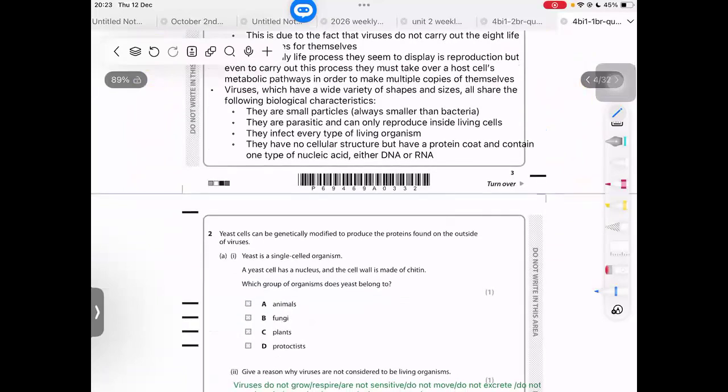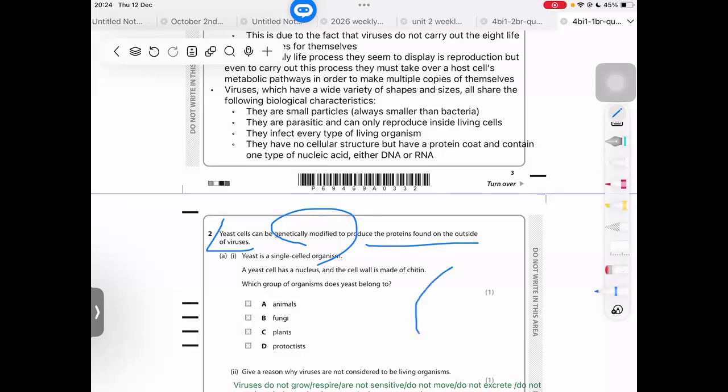Now, here they have talked about yeast cells. They are saying that yeast cells can be genetically modified to produce proteins found on the outside of viruses. What do you mean by genetic modification?